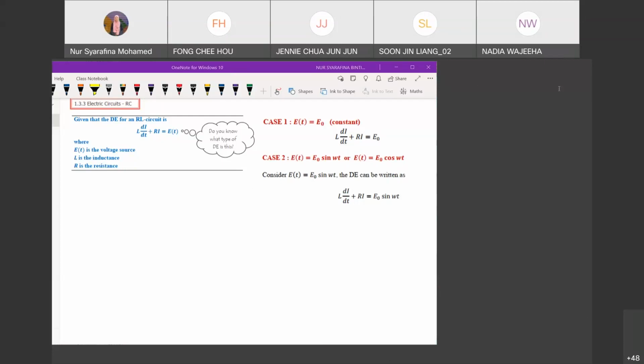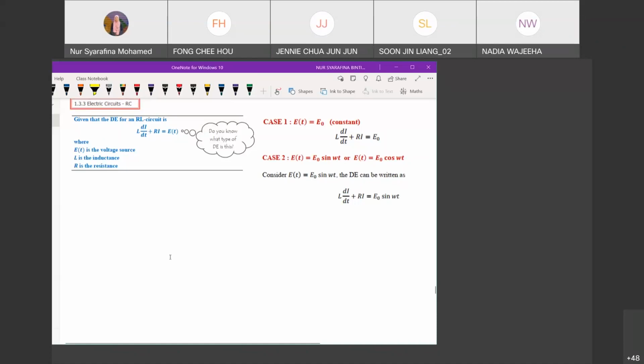Anyone? What is the type of this differential equation? Linear. Okay, it is linear.